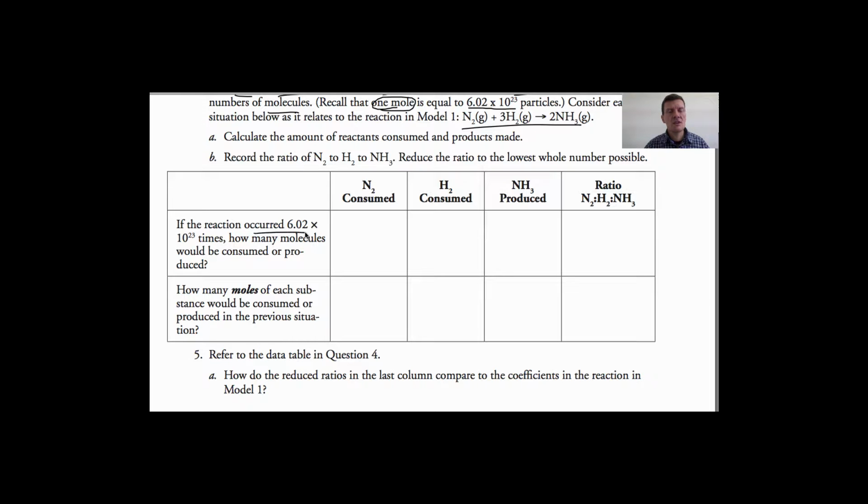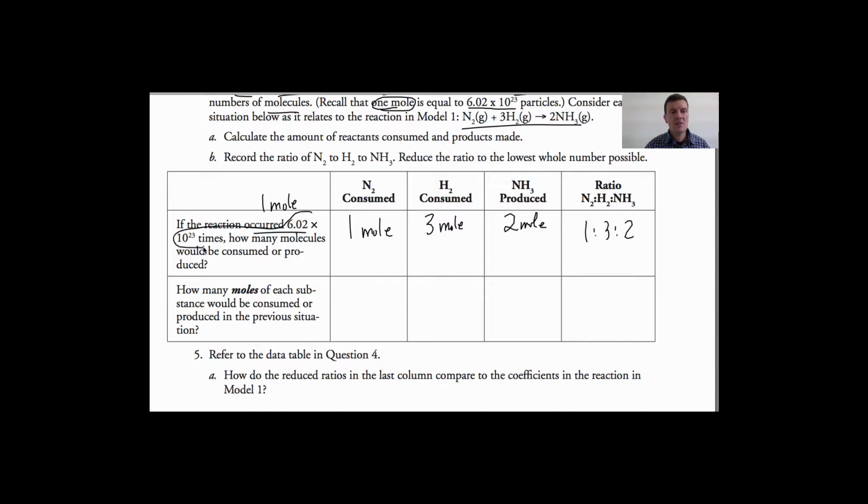If it occurred that many times, which is just a mole, then we would have 1 mole of particles here, 3 moles of particles here, and 2 moles here, and it's still a 1 to 3 to 2 ratio.